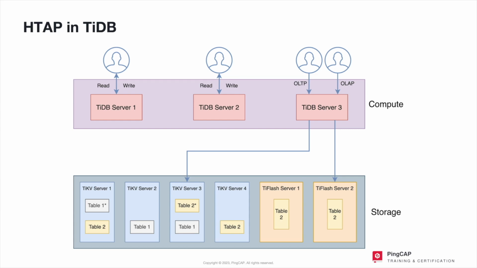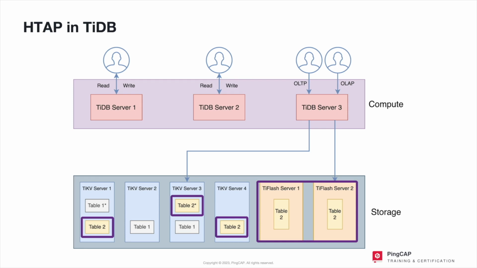It's important to note TiDB requires available TiKV storage. On the other hand, TiFlash storage is optional. You can choose to use it based on your use case. For example, Table 2 has both OLTP and OLAP use cases, so we use both TiKV and TiFlash engines.